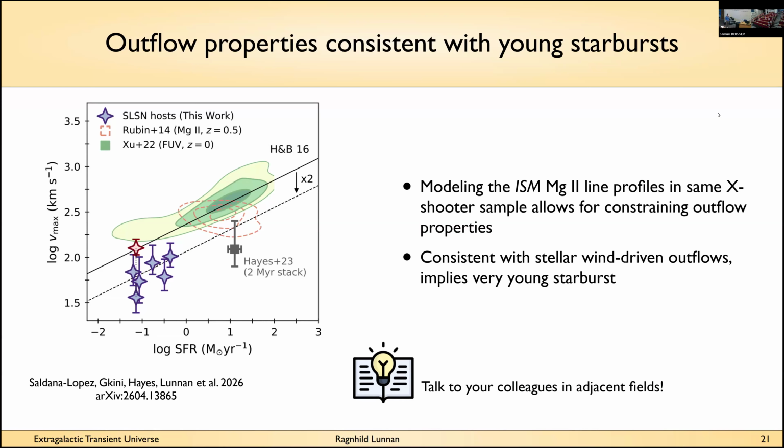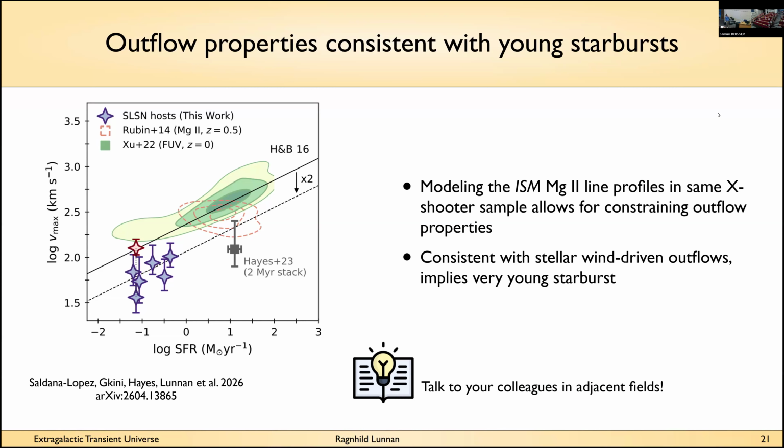This was work done in collaboration with Alberto Saldana Lopez and Matthew Hayes at Stockholm University, using the magnesium-2 lines from the ISM in the host galaxy together with the emission lines to model these line profiles and use them to constrain the outflow properties of these very low mass galaxies that are otherwise inaccessible for dwarf galaxy surveys.